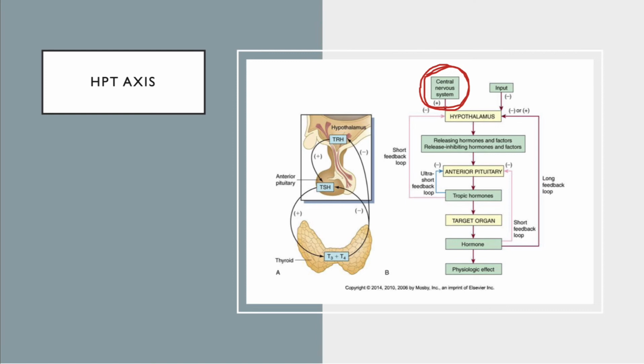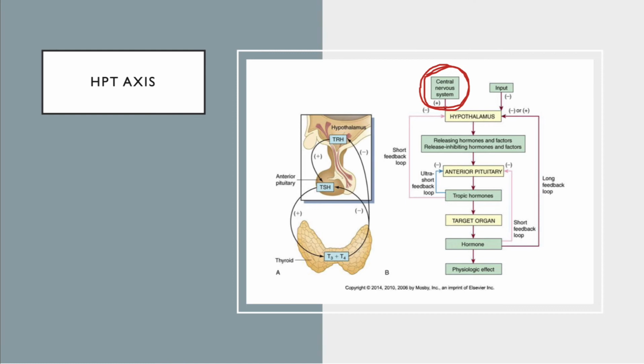So to start the process, the hypothalamus secretes TRH, right? A releasing hormone that is taken up by the pituitary, and the pituitary senses that TRH, and it is told then to produce TSH.